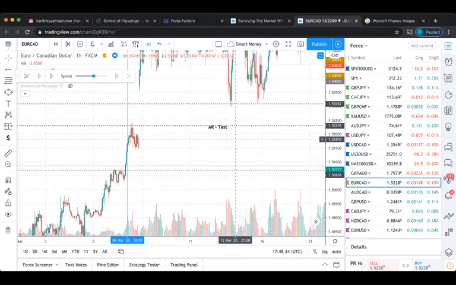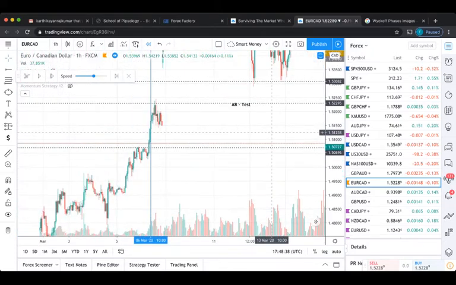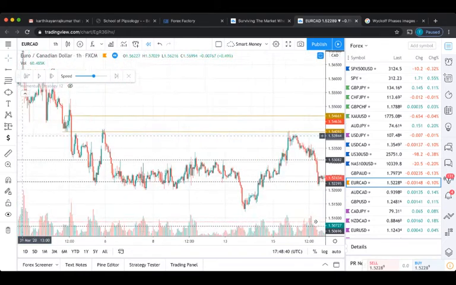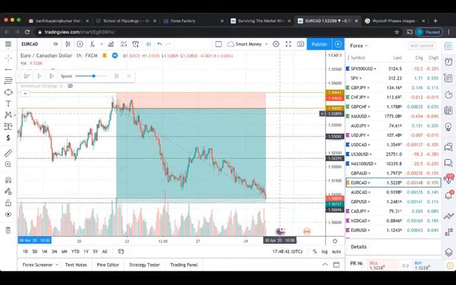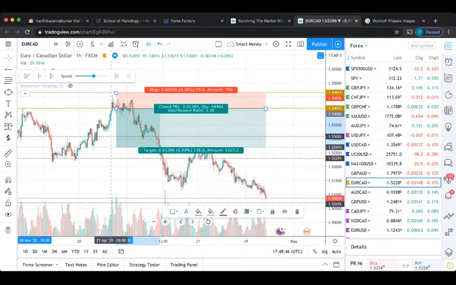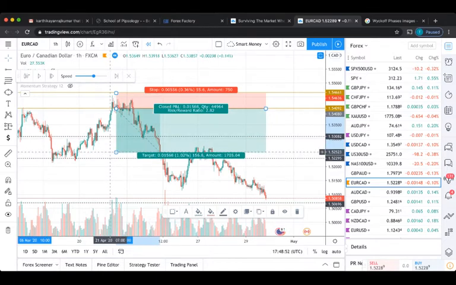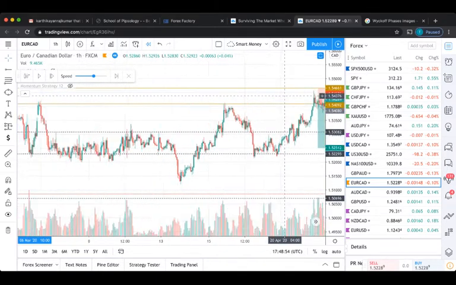One target, 2 targets. Third target was just below here. That's what it was. So twice we hit. Move this over.